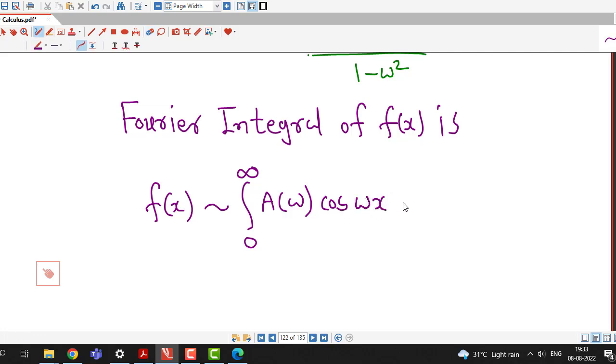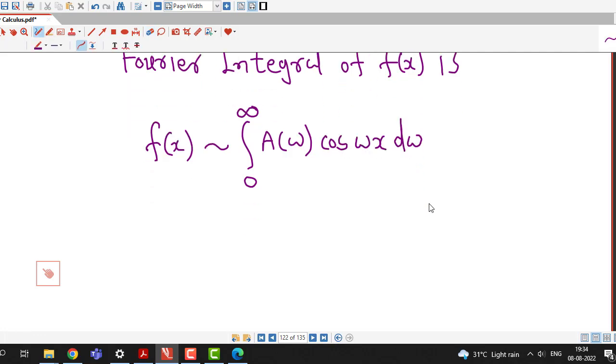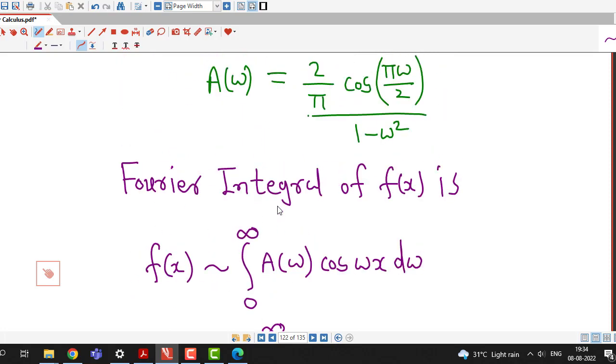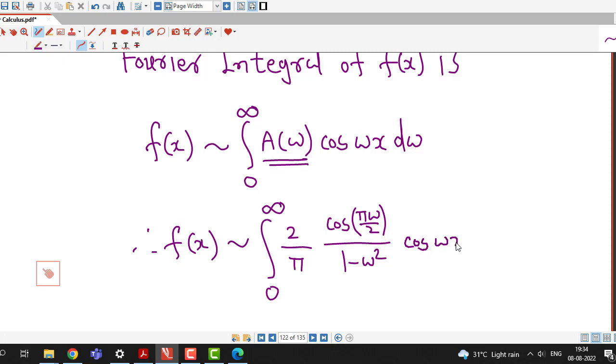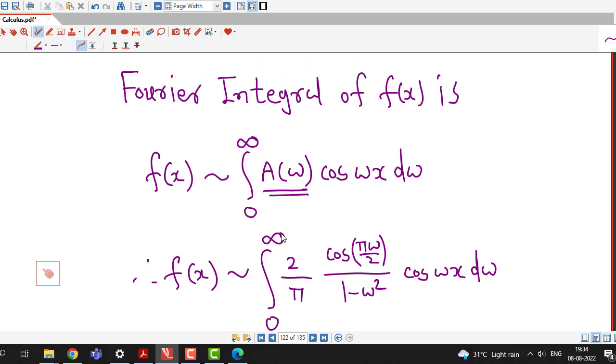Therefore f x, I substitute the value of this a omega, is 2 over pi cos pi omega by 2 divided by 1 minus omega square, this is the value of a omega, into cos omega x d omega, and here omega has range from 0 to infinity.